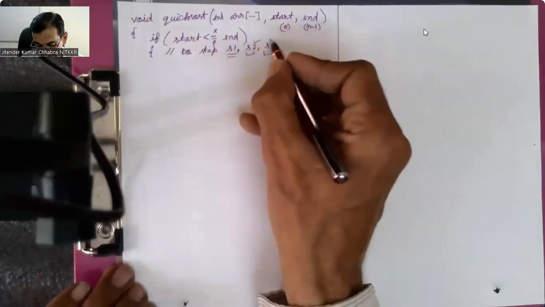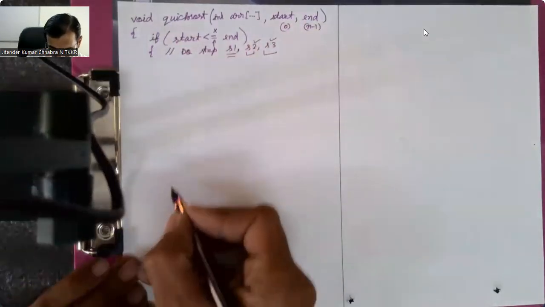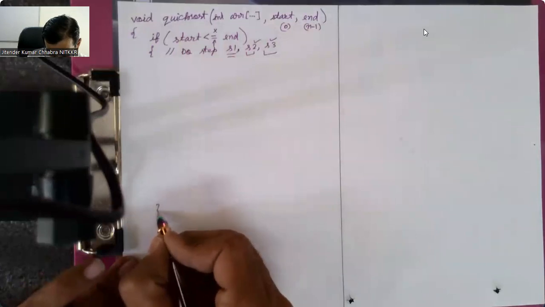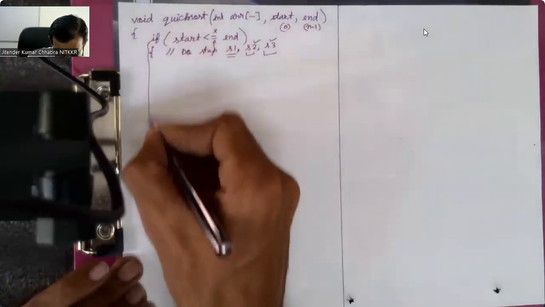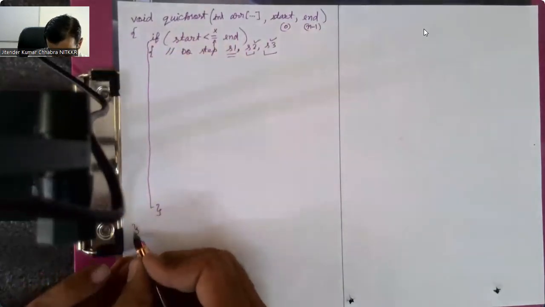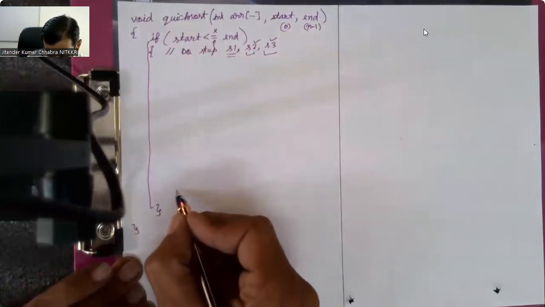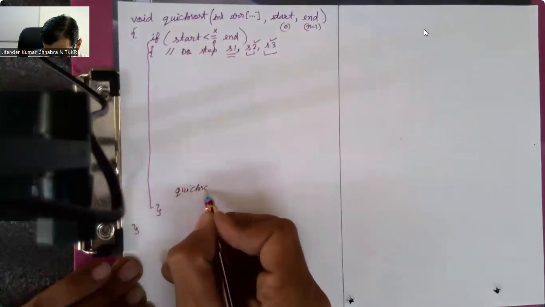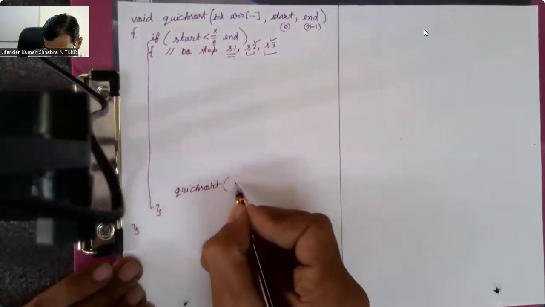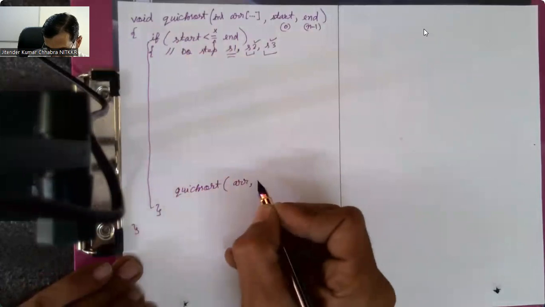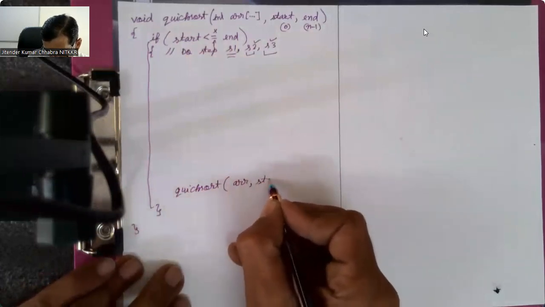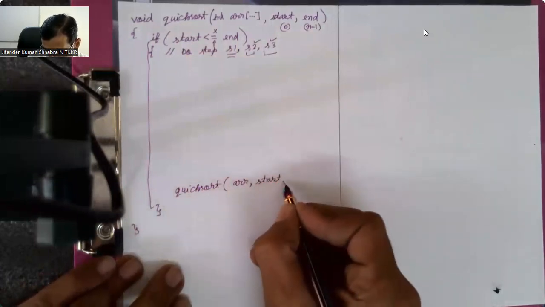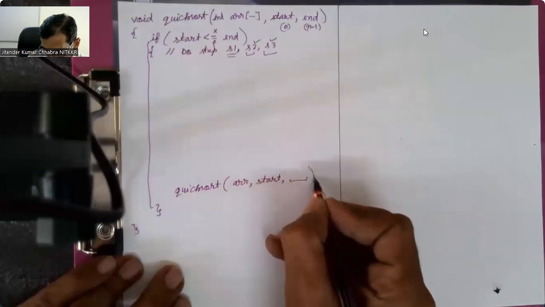Step 2 and step 3 coding is much easier. So if the condition is true, I am going to have a quicksort recursively called. Recursively called means first sublist, which will start with start and might end somewhere in between.